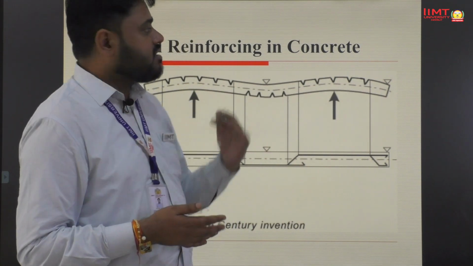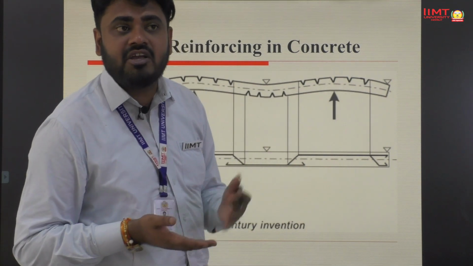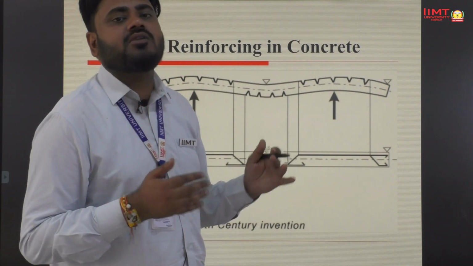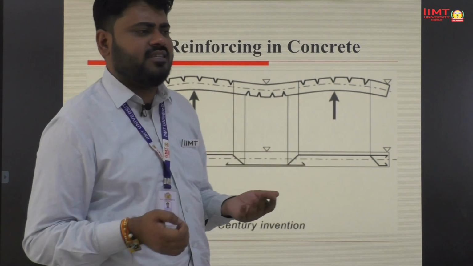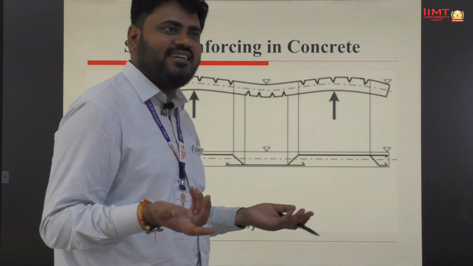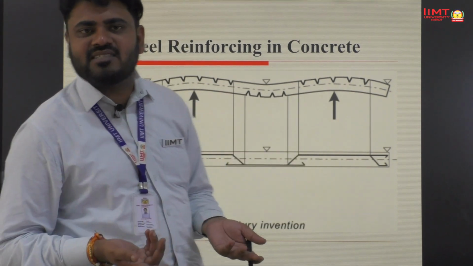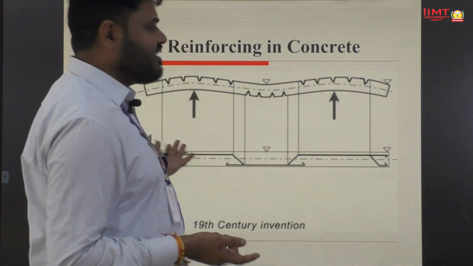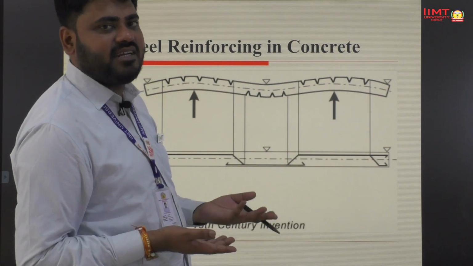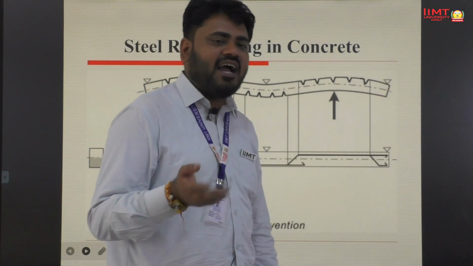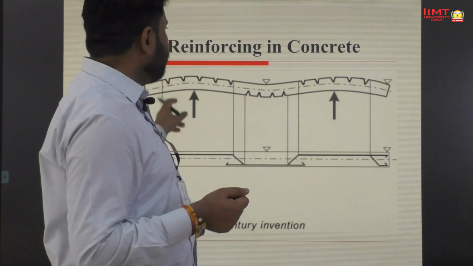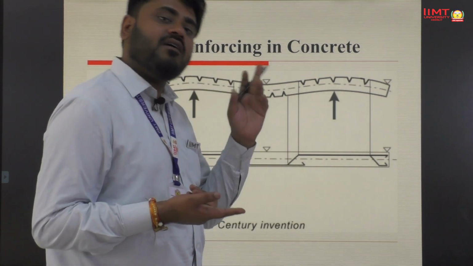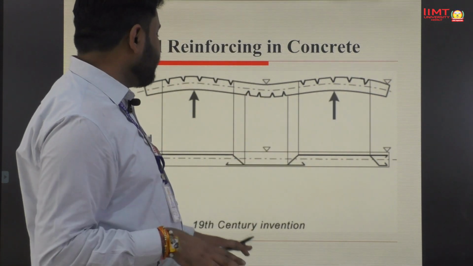Steel is economical as compared to other binding materials. Diamond and gold are too costly, so we are not considering them. Steel is 78 rupees per kg. Steel is suitable with concrete. It will give high strength.